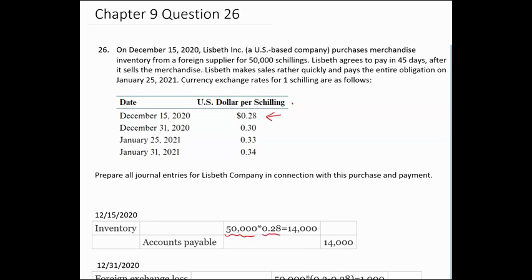So 1 shilling is worth 28 cents of US dollar, and the total inventory is worth 14,000 US dollars. This is how we calculate 14,000 for the inventory and for the accounts payable. But now accounts payable is exposed to foreign exchange risk. Let's move on.